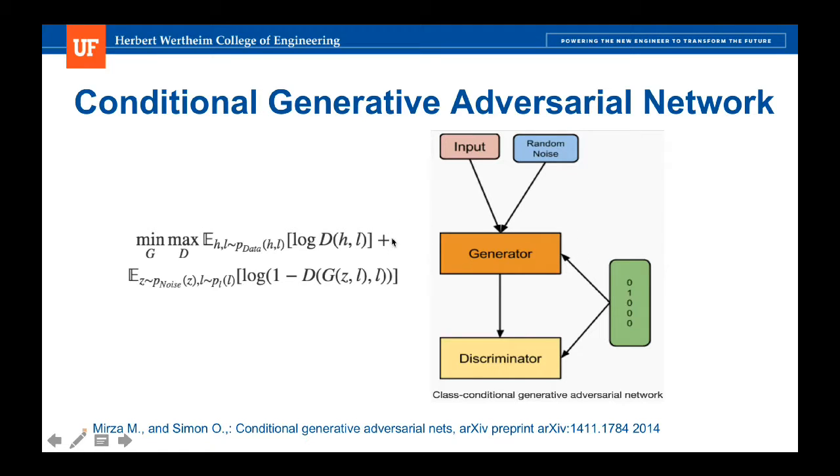The equation is very simple. It directly modifies the original GAN model function by just adding an additional conditional variable L as the input for both the discriminator and generator.